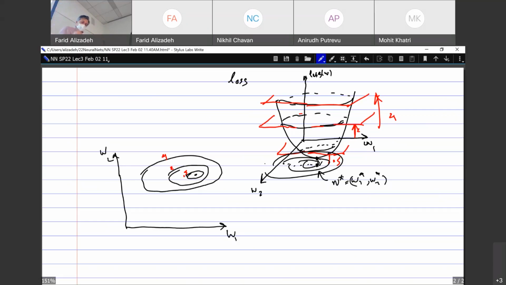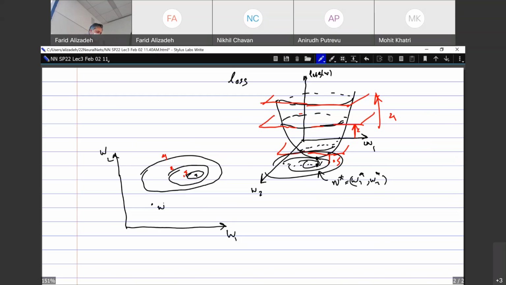Now how do you go about minimizing such a thing? It's easier to geometrically visualize this. I am seeking this point, which is the optimal point, but I don't know where that is, especially when you're in much higher dimensions. So at this point we have to initialize. I choose some point. I'm going to leave it open how. For now, pretend it's some random point. So let's say I have a random point here.